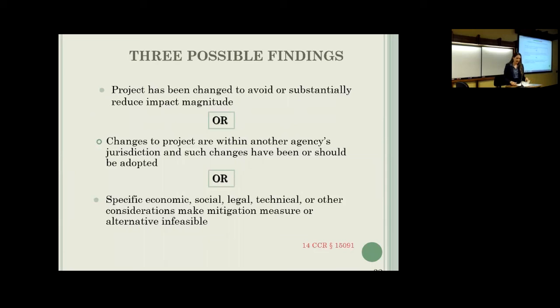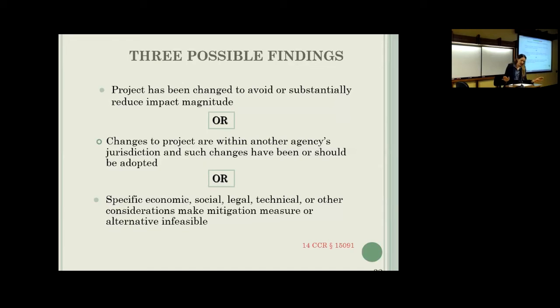For each of the potentially significant impacts that a project might have, the agency is required to make findings. So they either have to find that the project has been changed to avoid or substantially reduce the impacts. They've adopted an alternative or they have put in mitigation measures so that the impacts are no longer significant and unavoidable.